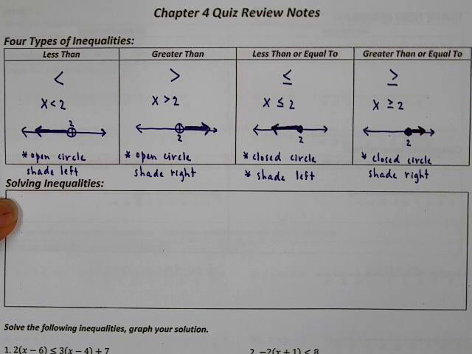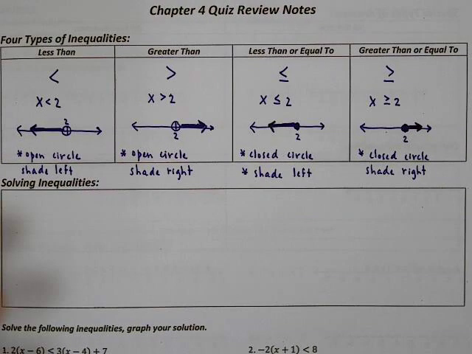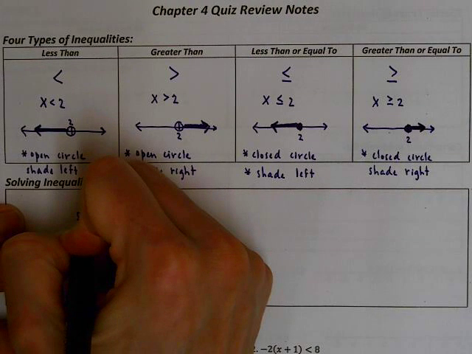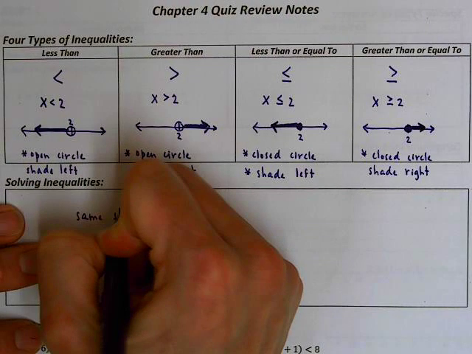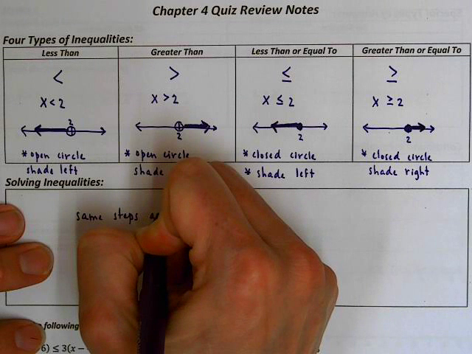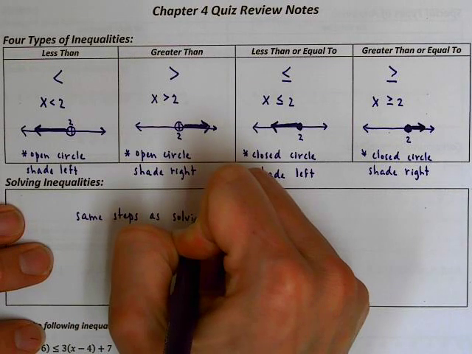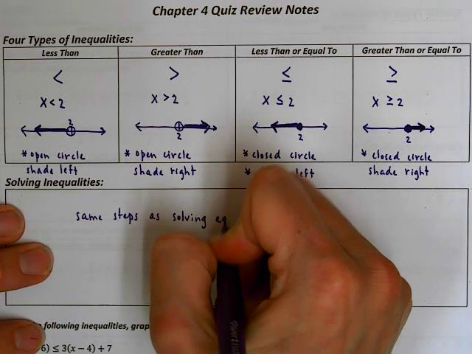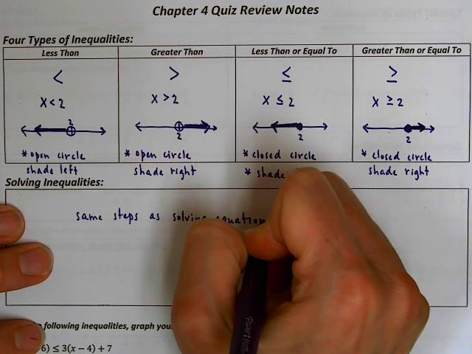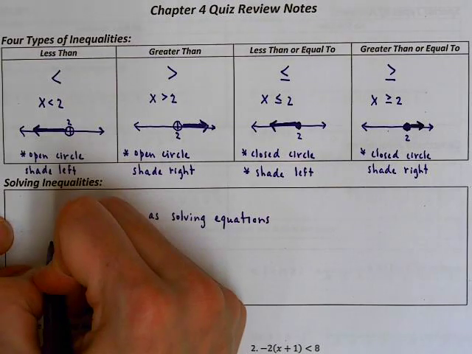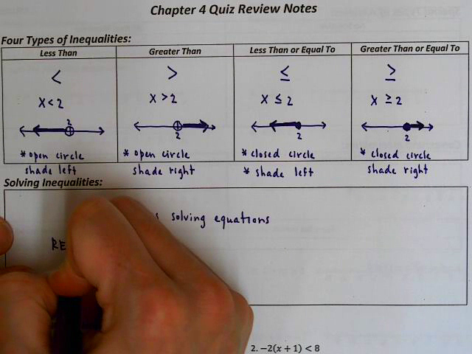The next thing we learned was for solving. And I'm going to make a note here. Here we use the same steps as solving equations. But there's one big reminder. So I'm going to put that in all caps here.